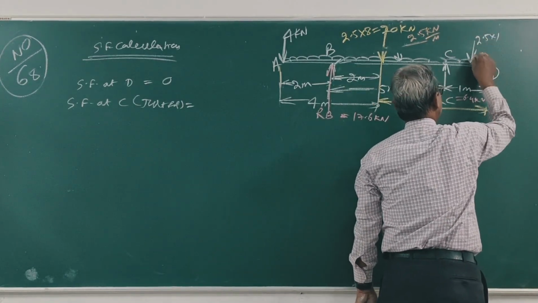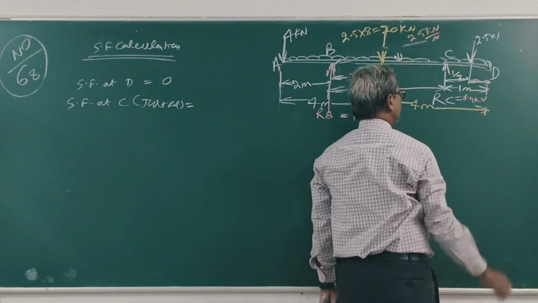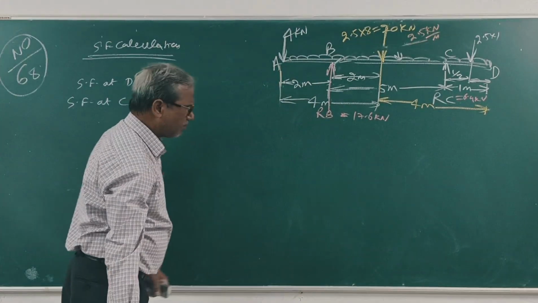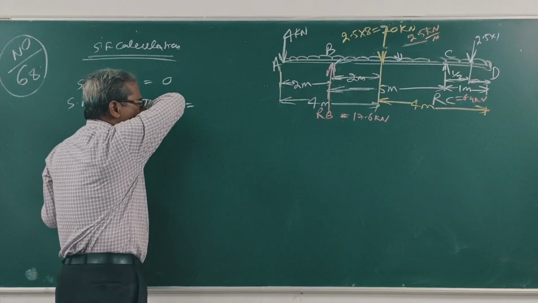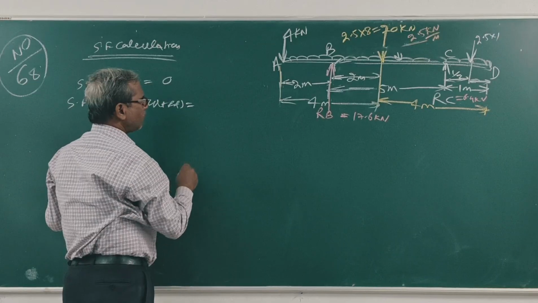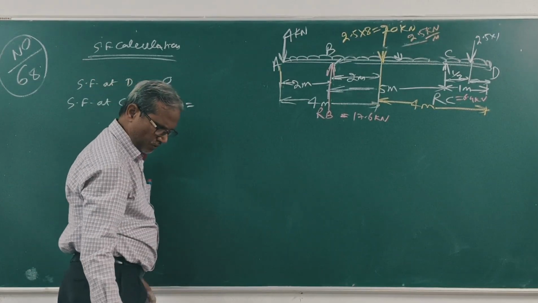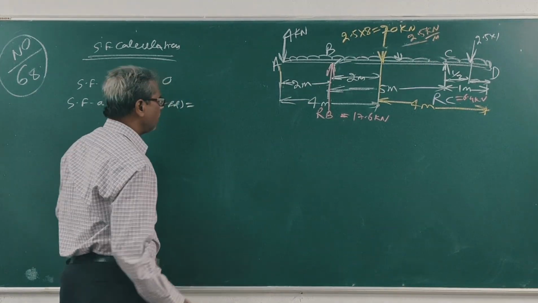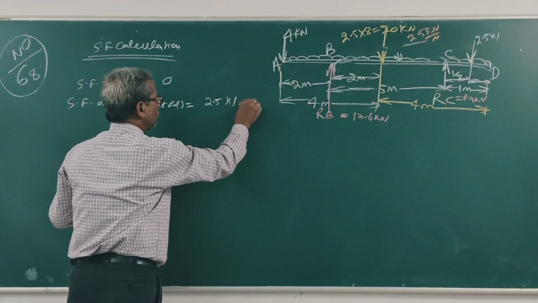Clear? Write down a positive 2.5 into 1, 2.5 kilonewton.